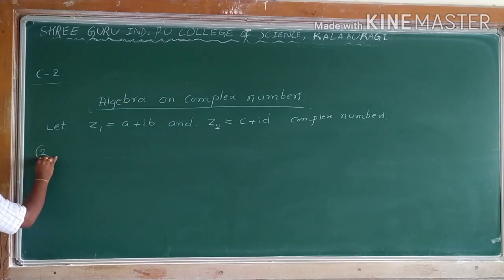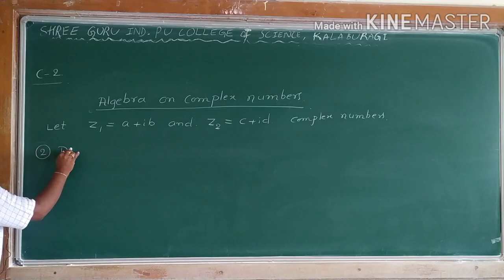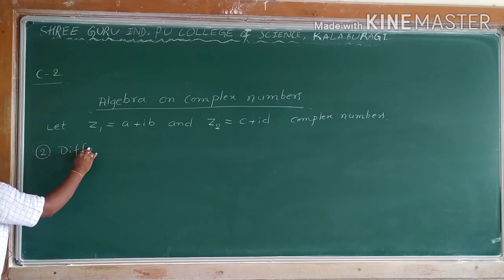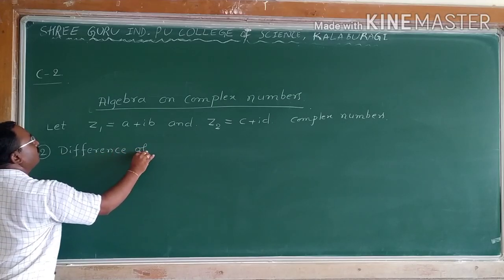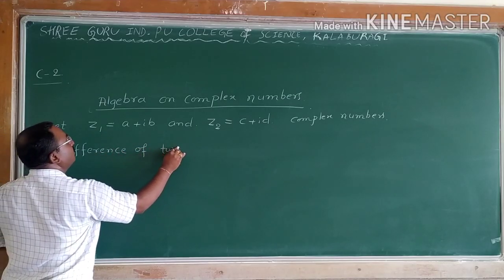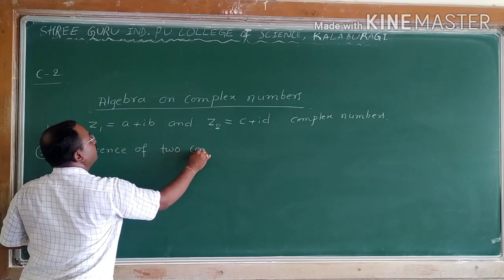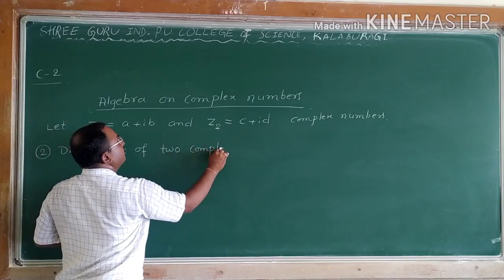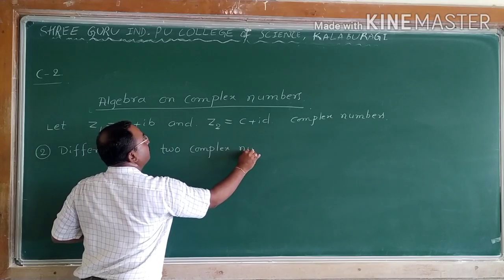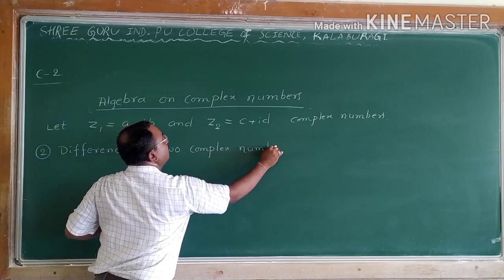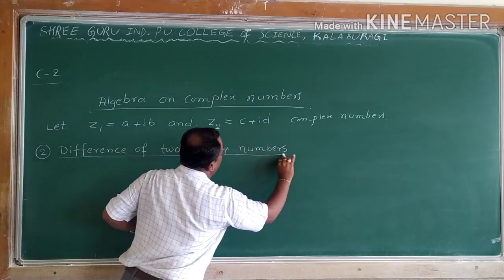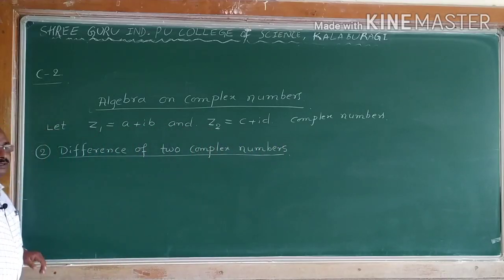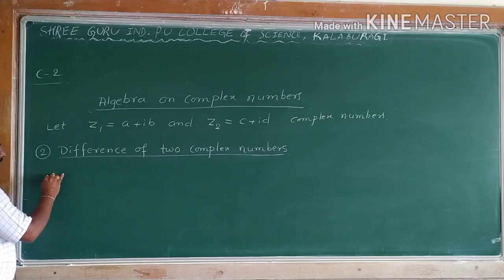Second one, difference of two complex numbers, that is Z1 minus Z2.